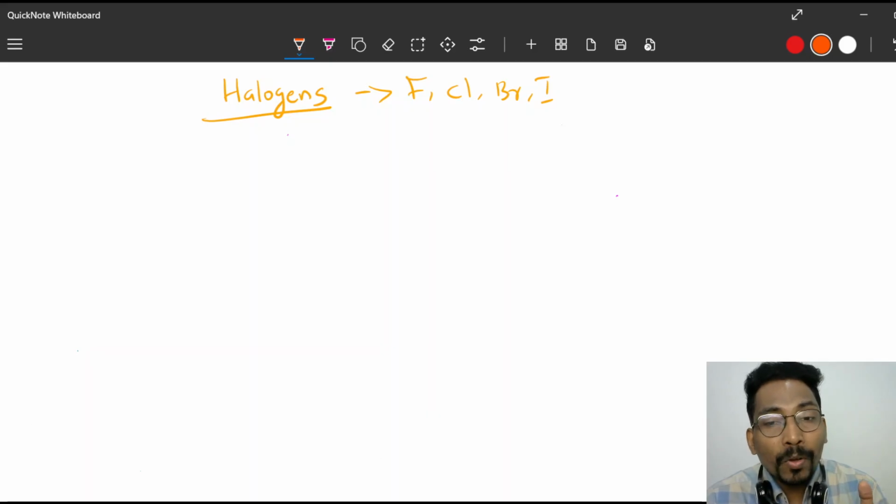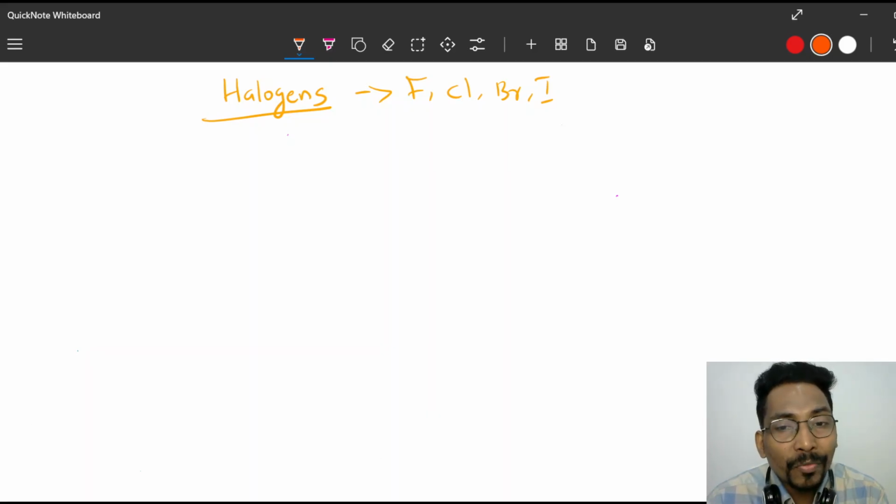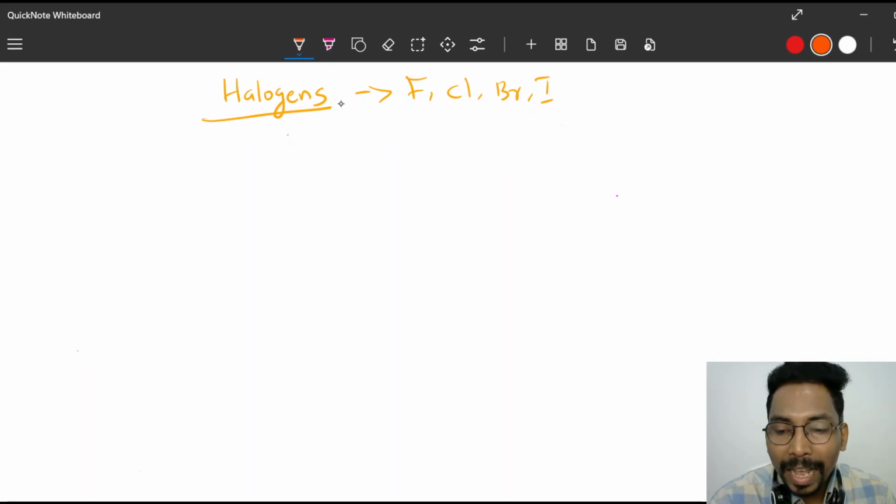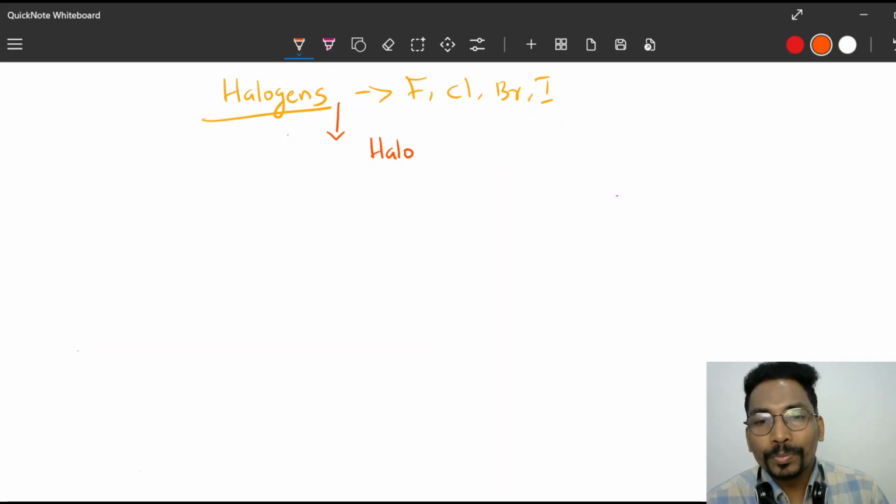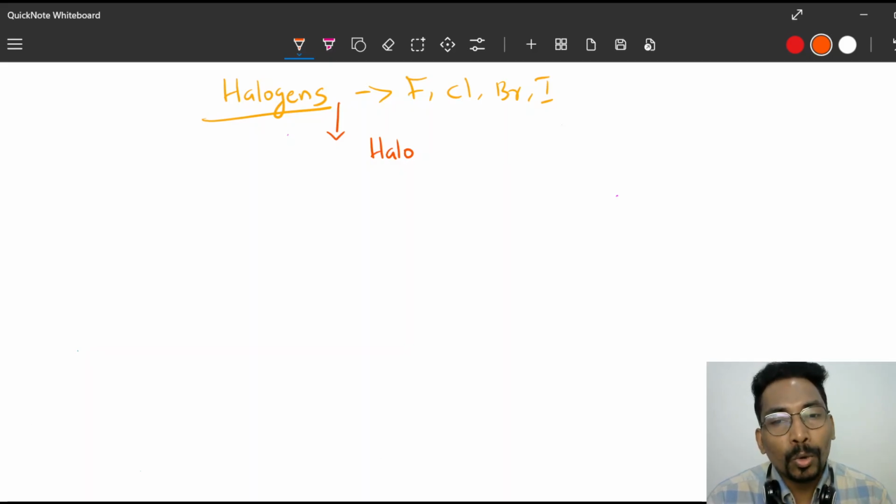The name of the compound will start with the name of the halogen attached, like halo, then the name of the compound. If it is fluorine, fluoro; if it is chlorine, chloro; if it is bromine, bromo; if it is iodine, iodo.